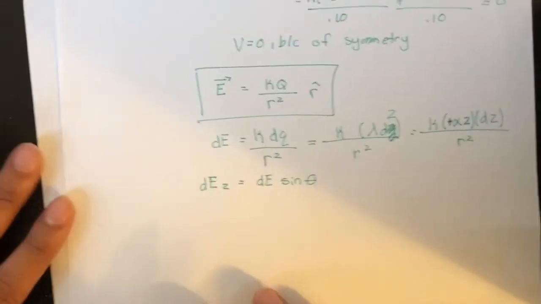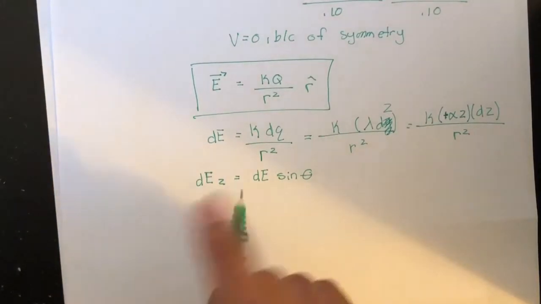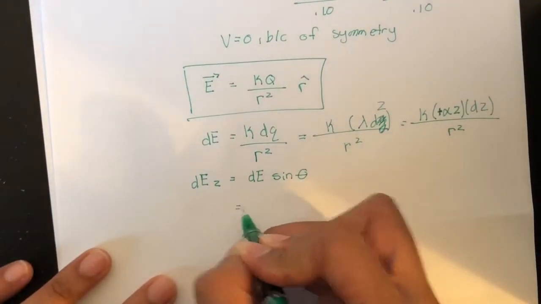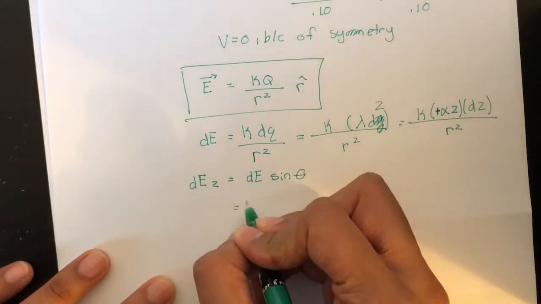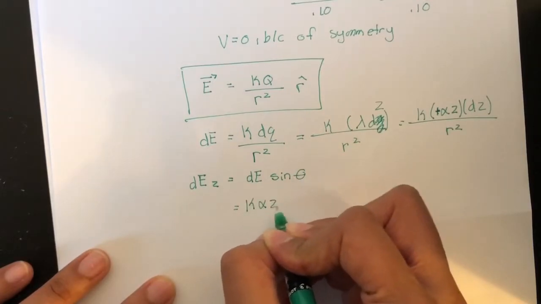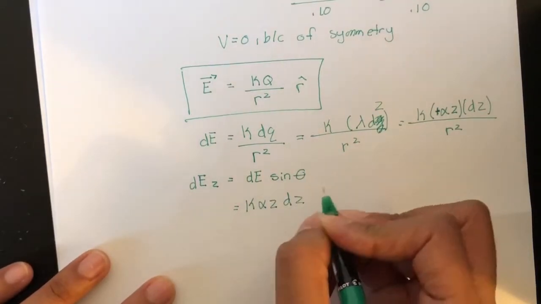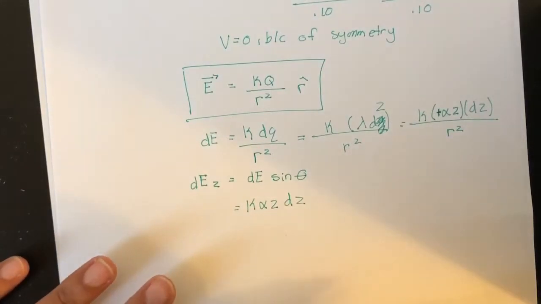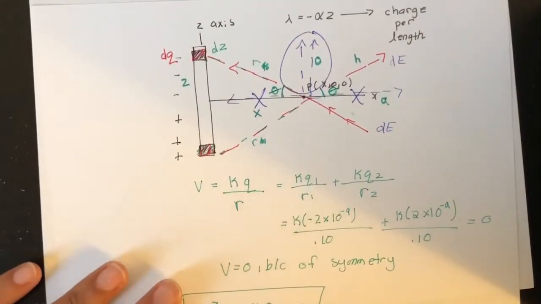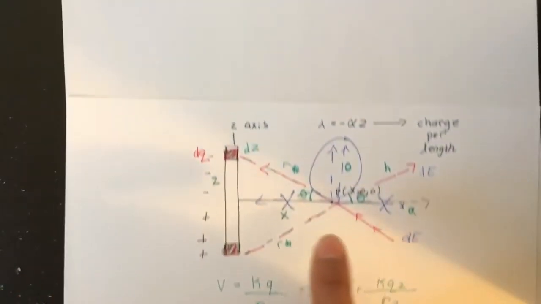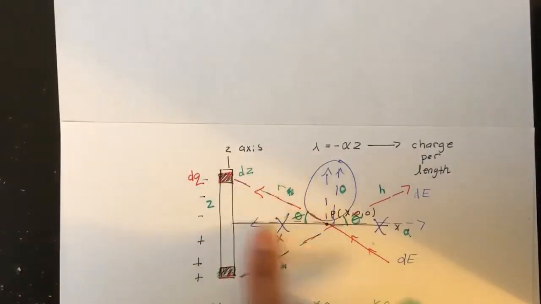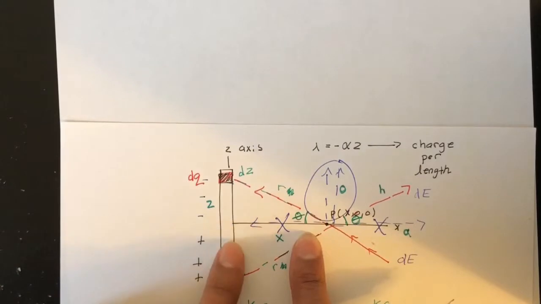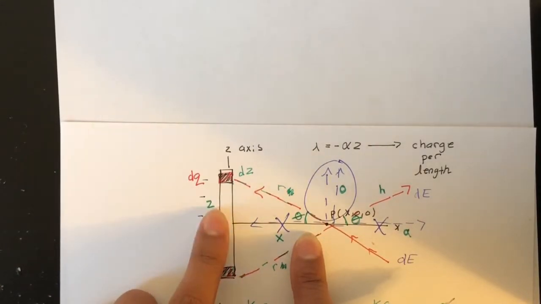Okay, going back to here, substitute in our values now. So it'd be k alpha z dz sine theta. So do some tricks. Sine theta is opposite over hypotenuse. Looking at this triangle, my opposite is z, and my hypotenuse is r.